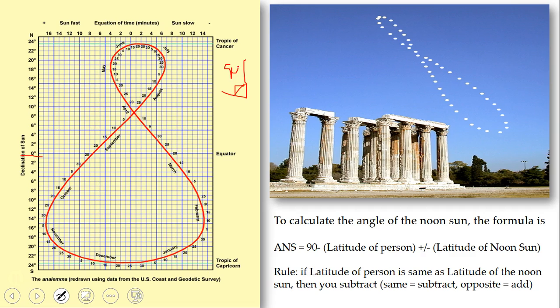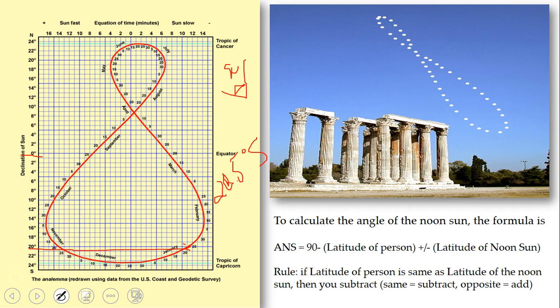For example, today's January 22nd. January 22nd is right there. So we're going to go straight across. On January 22nd, the noon sun is directly overhead at 20.5 degrees. Sorry about the poor writing here.